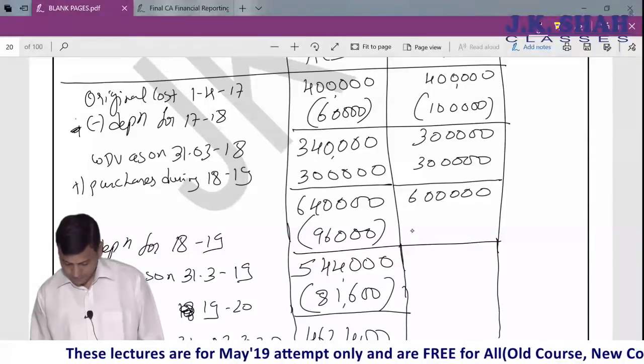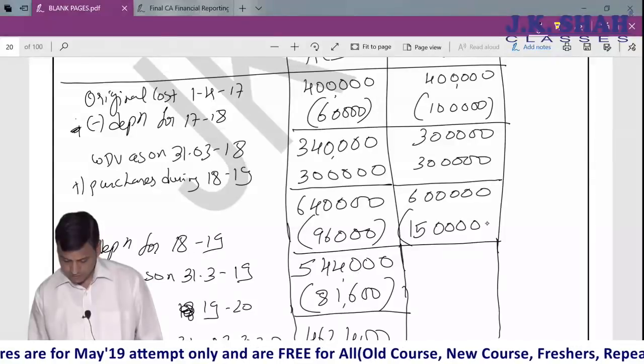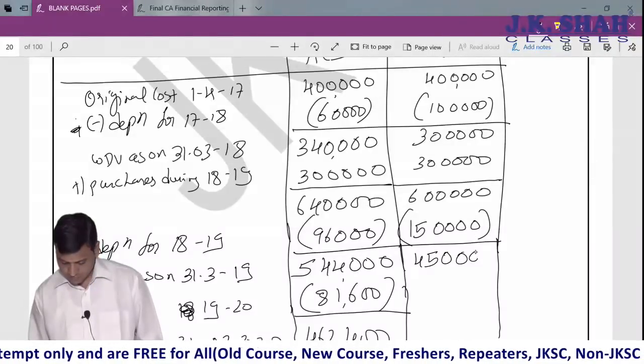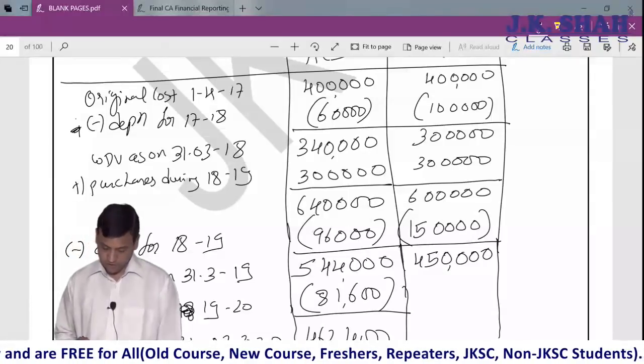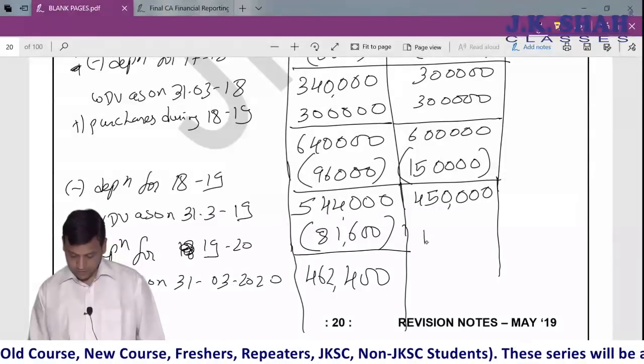Then 1,50,000 will be the depreciation for this year. Four lakh 50,000. 1 lakh.